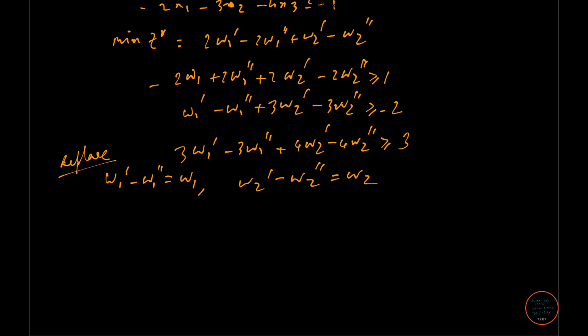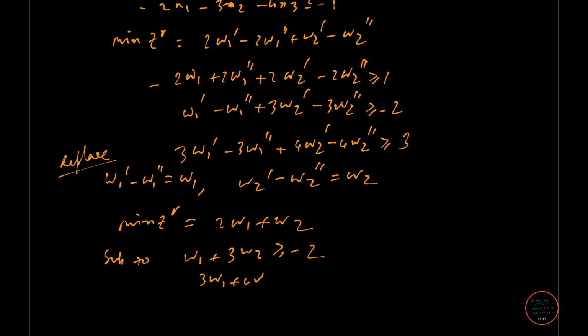So hence the new dual will form as minimize z star 2w1 plus w2 subject to 3w1 plus w2 greater than equal to -2 and 3w1 plus 4w2 greater than equal to 3. So there here I have to mention that w1 and w2 are unrestricted in sign, as I have mentioned in the beginning, so they will become unrestricted in sign.